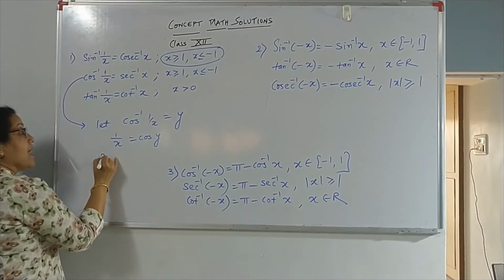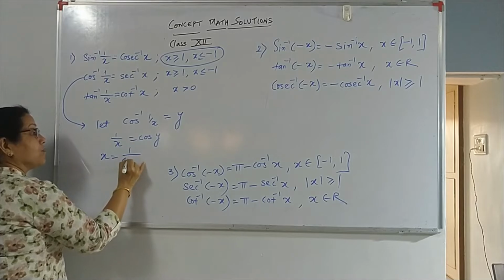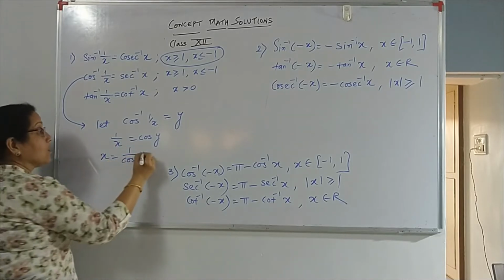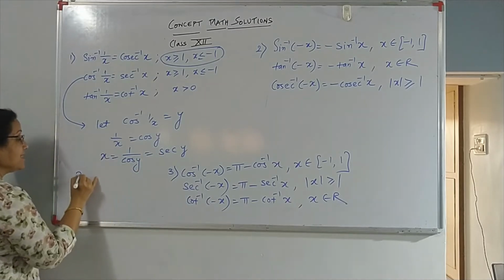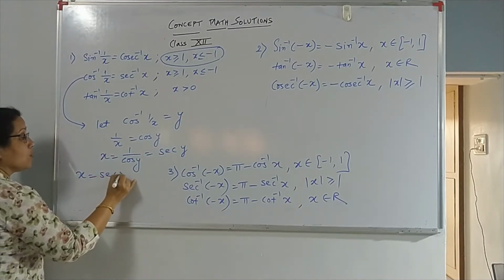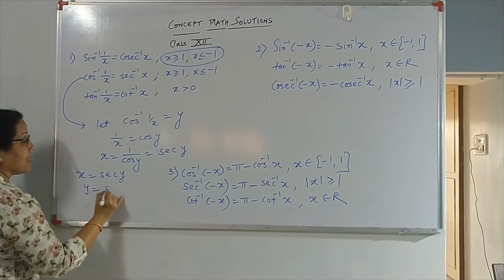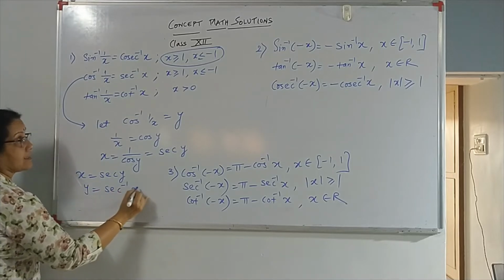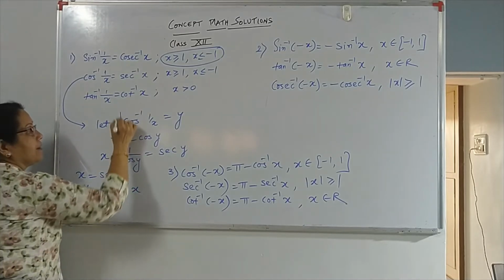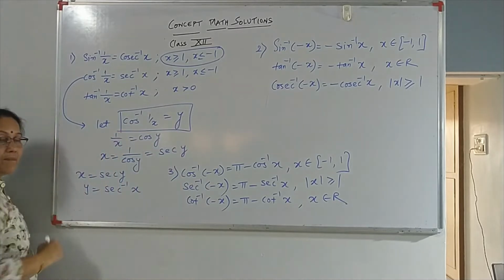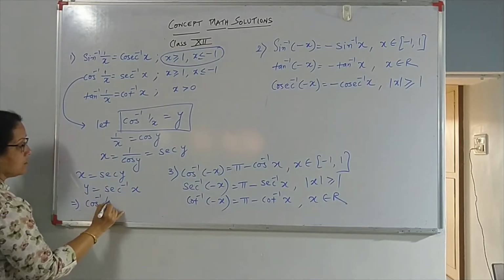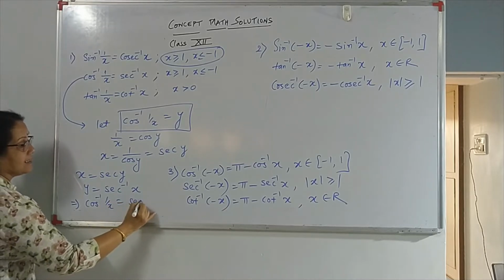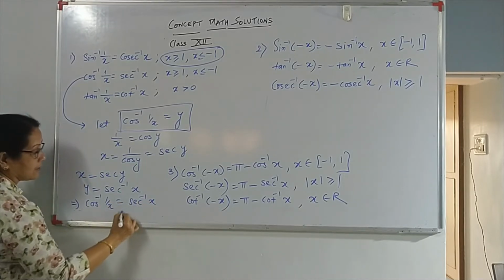That gives me x is 1 by cos y, and 1 by cos is sec y. So when x is sec y, y is sec inverse of x. Now what was y? Cos inverse of 1 by x. That means we have proved that cos inverse of 1 by x is sec inverse of x.